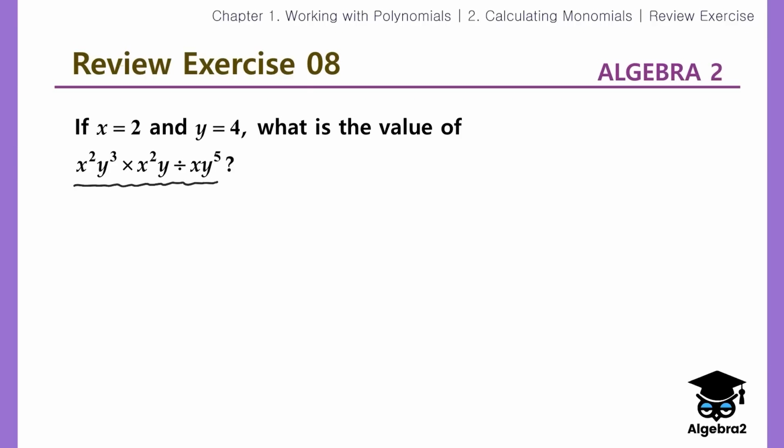That is equal to x squared y cubed times x squared y division. So that's times 1 over x y to the power of 5. So we have x squared times 1 over x, right?